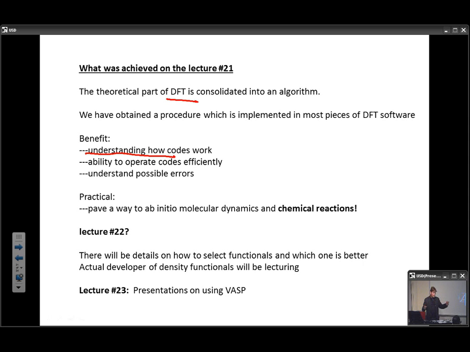One tolerance limit for geometry and another tolerance limit for electronic energy. And this gives us more flexibility and a versatile approach to running the codes. We can understand possible errors. And then with this algorithm, we can go beyond geometry optimization. We can go into molecular dynamics and predicting chemical reactions.